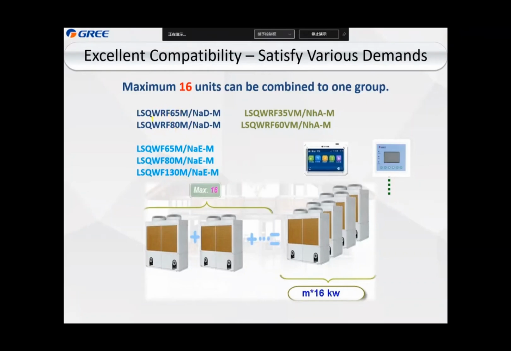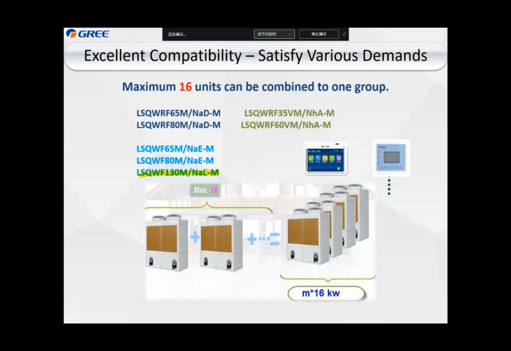These two modules can combine a maximum of 16. For the E series it is also 65, 80. You see here, one more: here we have 130 kilowatt. I don't know whether you remember the difference between the E series and the D series for this 130 kilowatt module. For the E series it has 2 compressors, but for the D series it has 4 compressors.